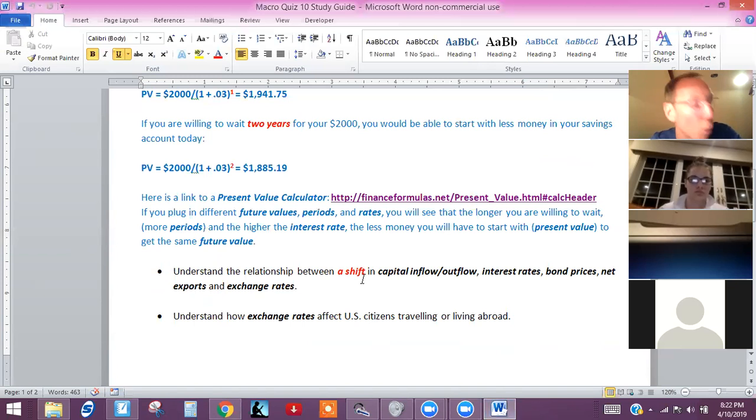So this question right here is, when the answer is an increase or a decrease in outflow right here, this is a shift in the curve, okay?